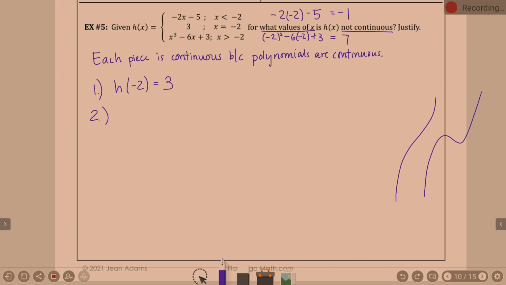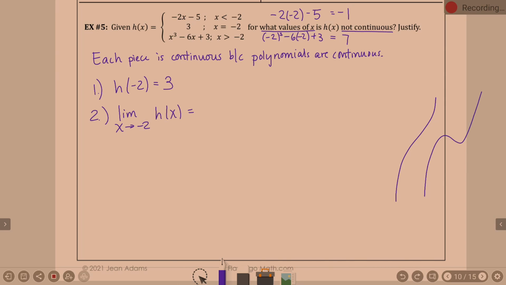What about the limit as x approaches negative 2 of h of x? What's just the general limit going to be if we don't do left or right? Because the definition of continuity doesn't specify left or right. What's the limit as x approaches negative 2 going to be?